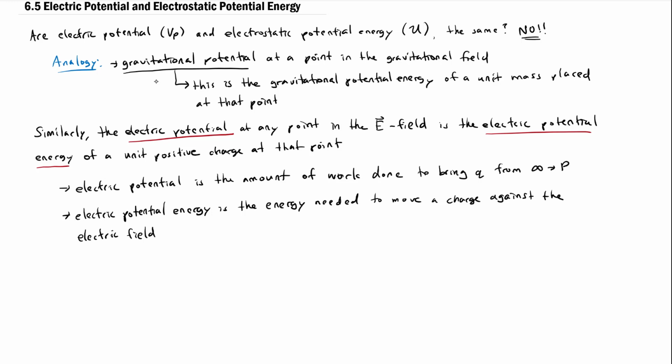So that's just an overview of the differences between electric potential and electrostatic potential energy. We're now going to take a closer look using a few examples.